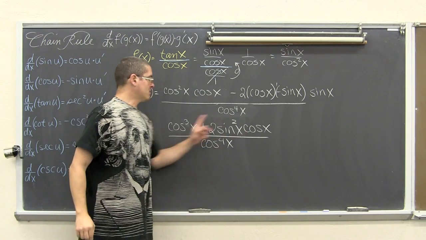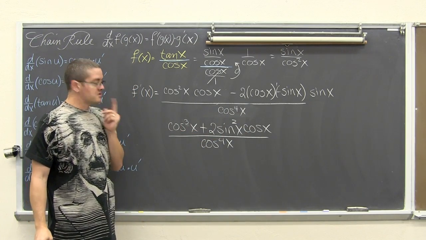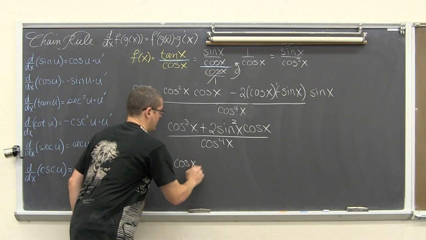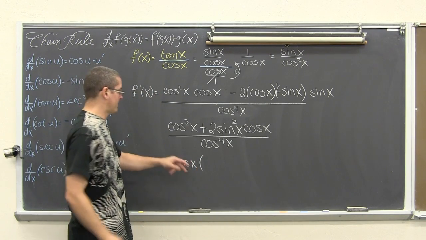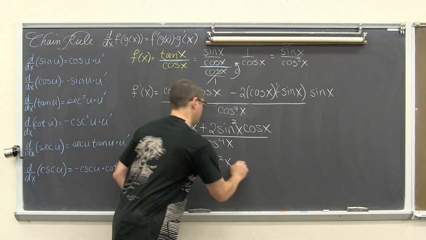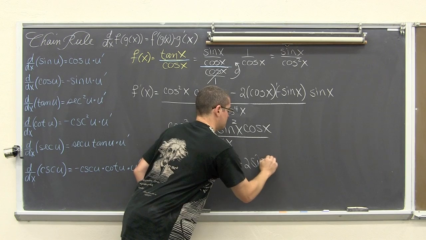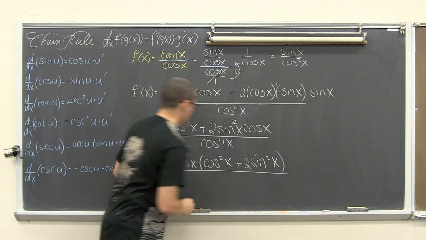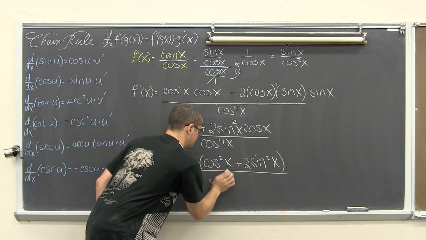Now my top 2 terms both have a cosine function in them, so I'm going to go ahead and pull that out and have cosine of x times cosine squared x plus 2 sine squared x, all over cosine to the fourth.